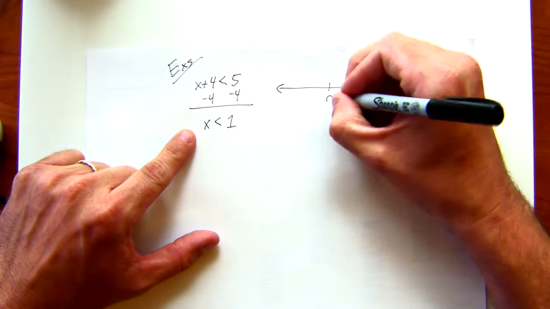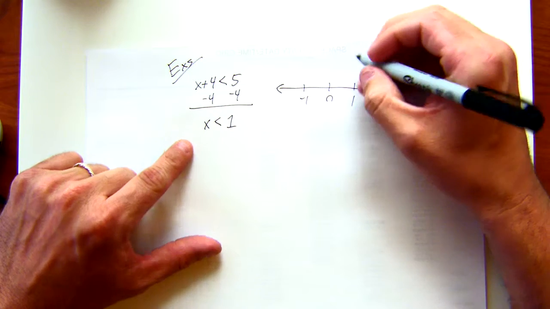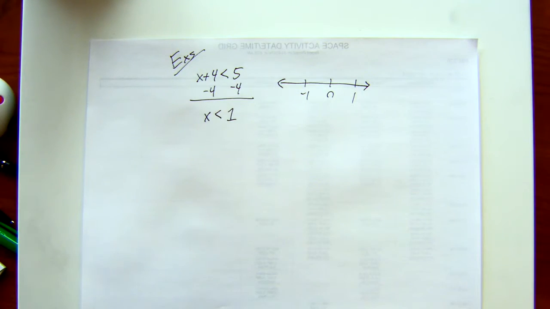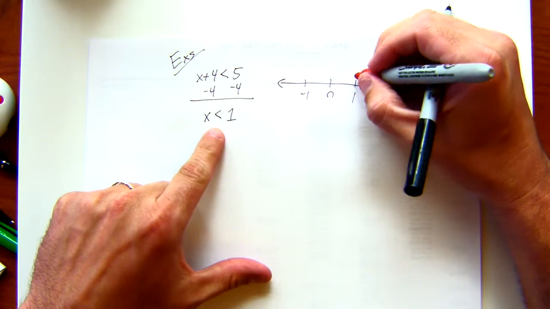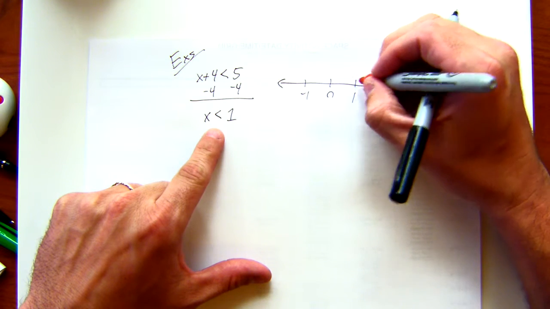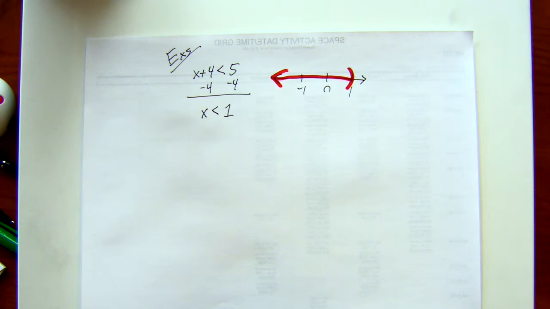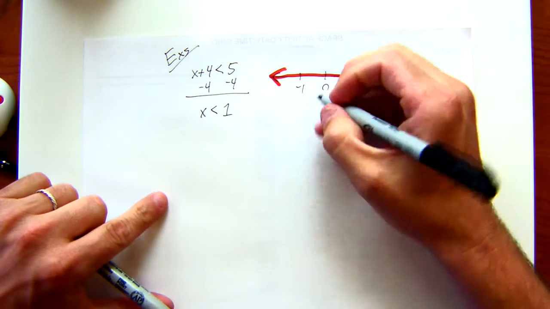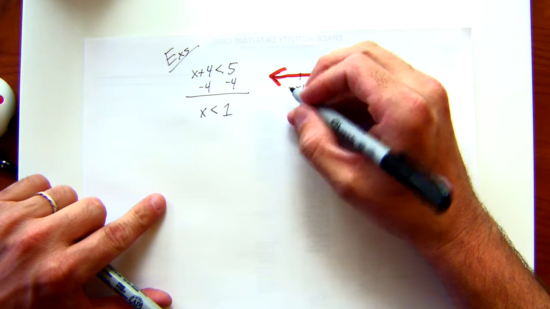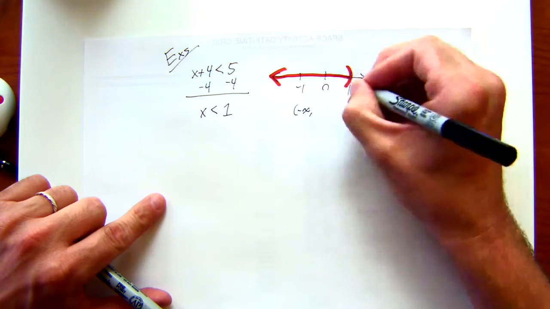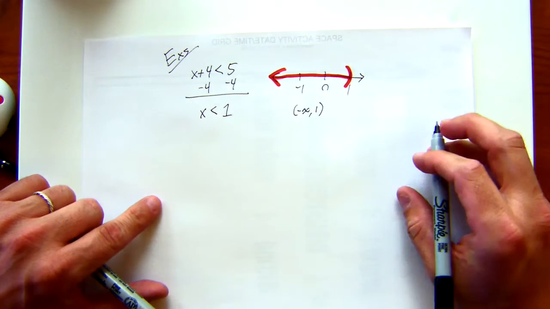If you want to graph it, x is less than 1. So does it include the 1? No. So it's open, and it's less than, so it goes that direction. The interval notation is negative infinity to 1, open.